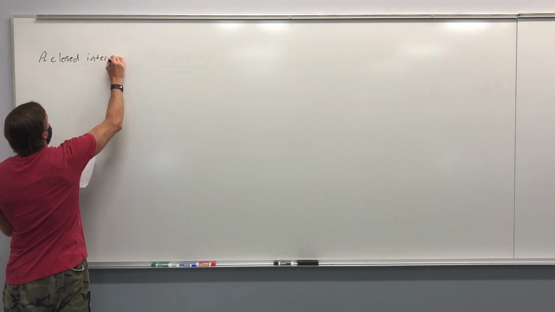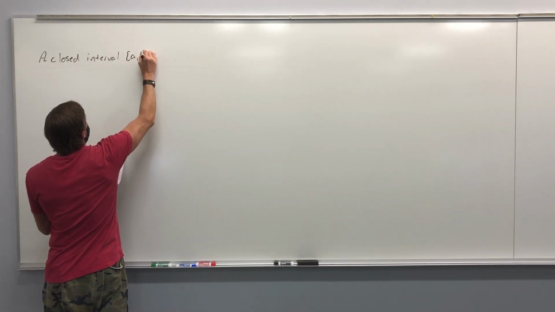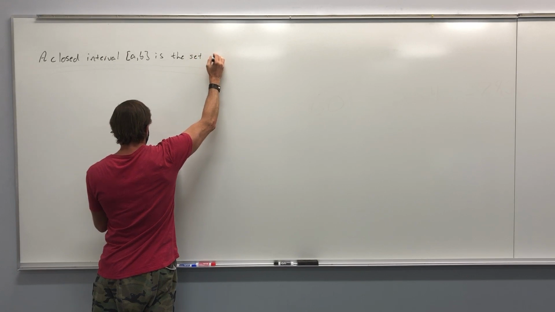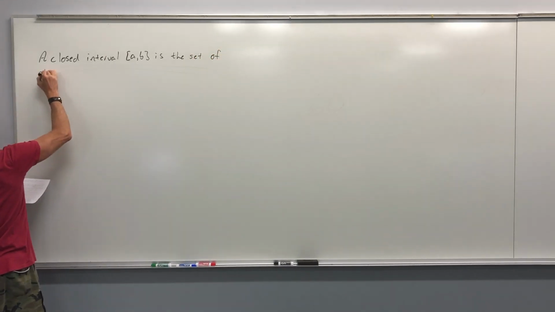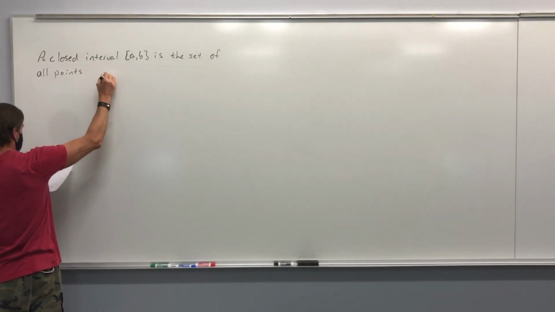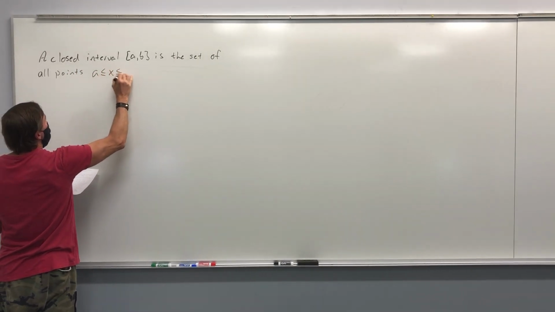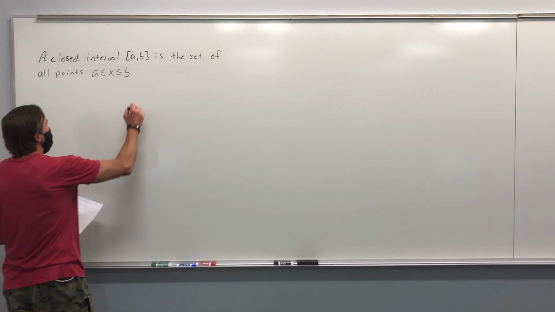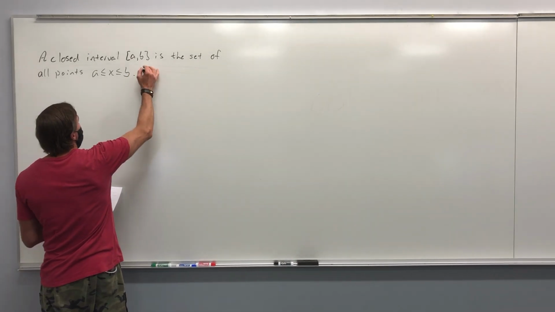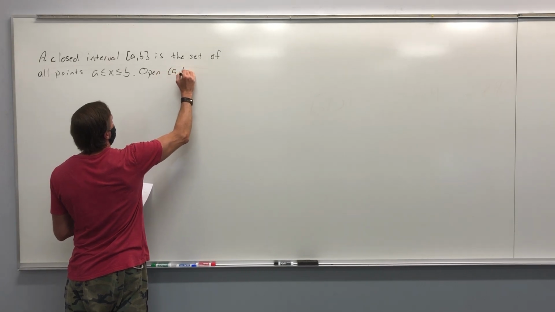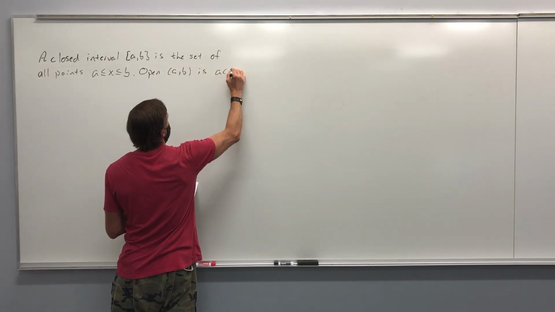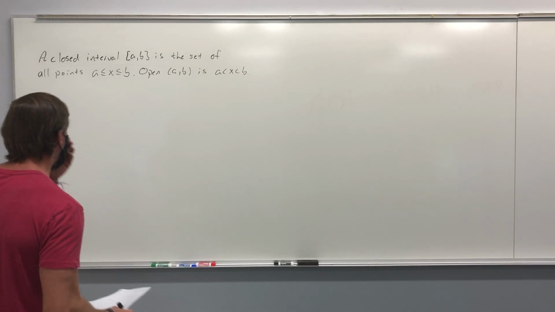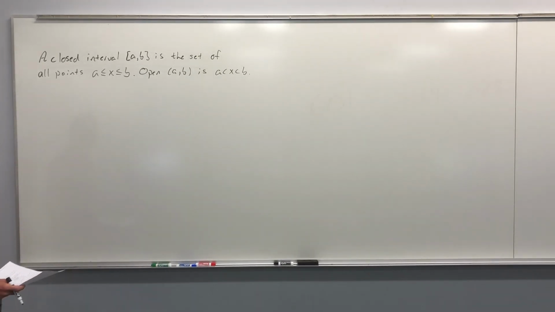A closed interval [A, B] is the set of all points x, where x is greater than or equal to A and less than or equal to B. And you are aware probably that open just uses the greater than or less than signs, not the inequality signs.